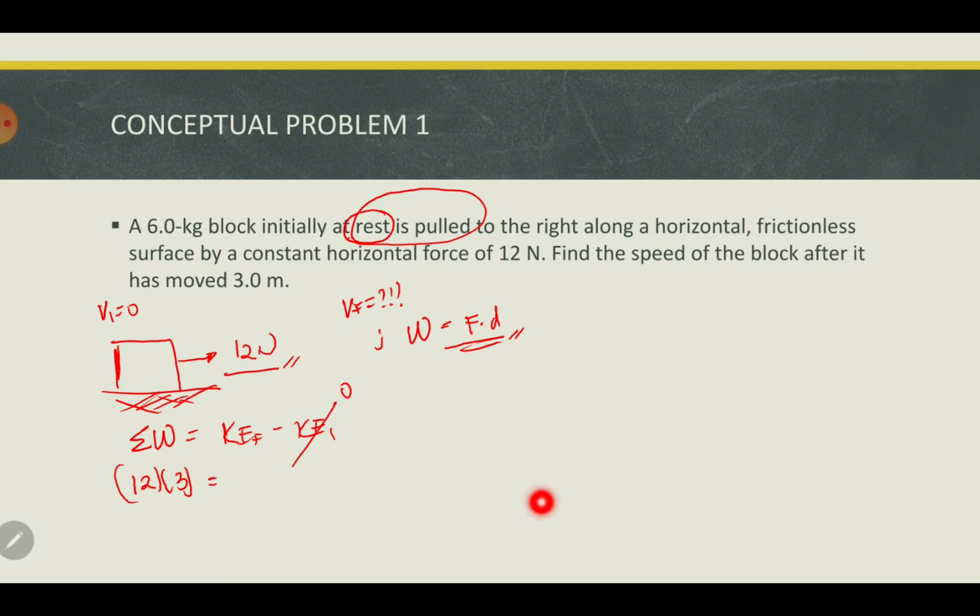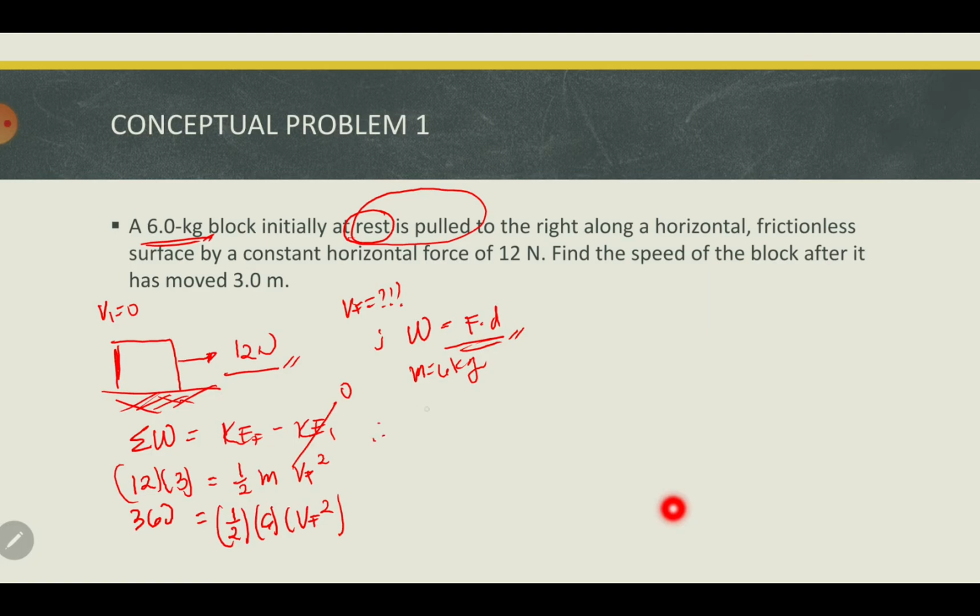KEf, which is 1 half m vf squared. We have our mass, which is equal to 6 kilogram. So we may say that 12 multiplied by 3 is equal to 36 joules or 36 newton meter, which is equal to 1 half multiplied by m, which is 6 kilogram, multiplied by vf squared.